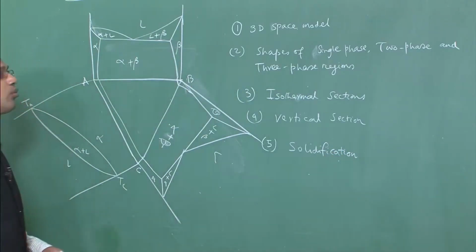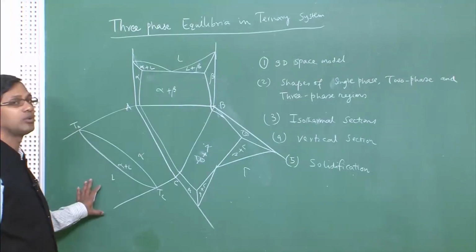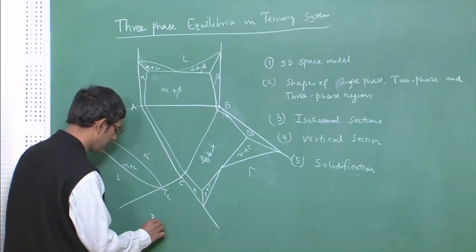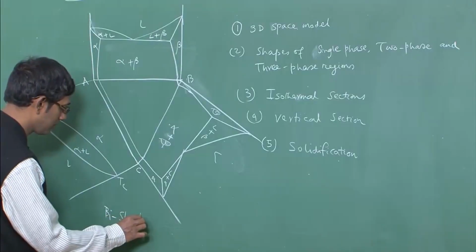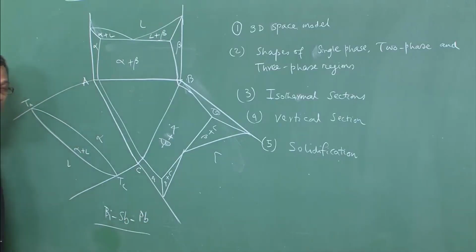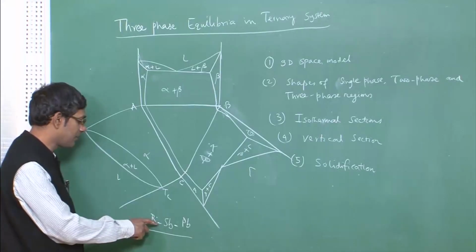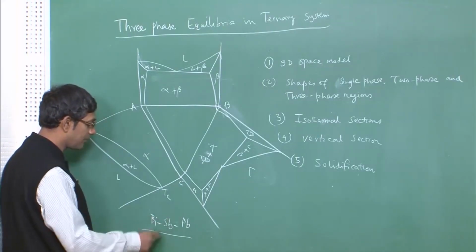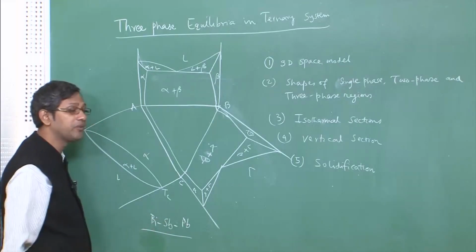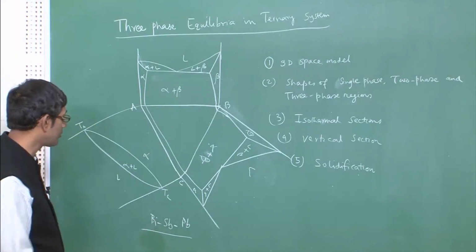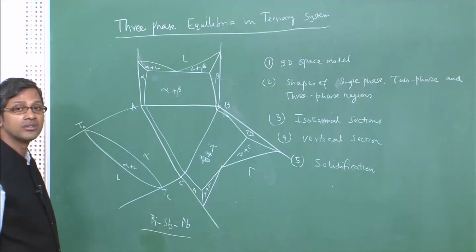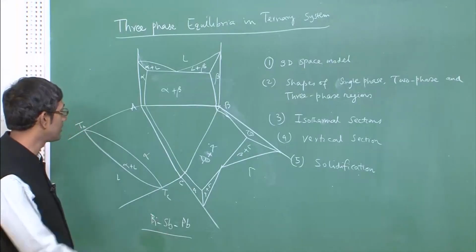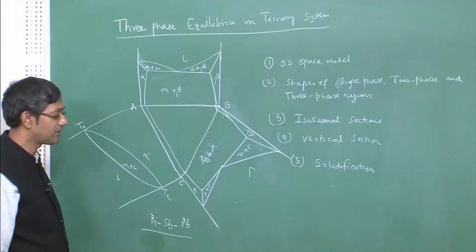We are going to do one by one, but first thing I would like to impress upon you is that there are phase diagrams which follow such things, like bismuth, antimony and lead. Between lead and bismuth and lead and antimony, you have eutectic phase diagrams, but bismuth and antimony form isomorphous. So, the ternary phase diagram I am going to discuss will have a lot of similarities with these phase diagrams.